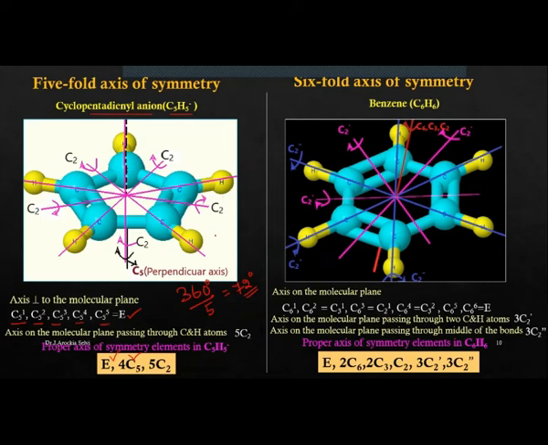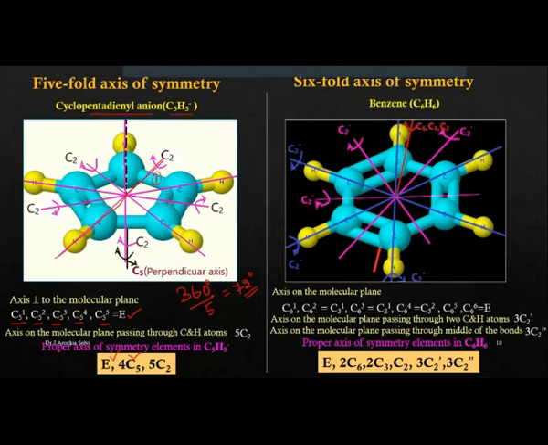Apart from the rotational axis being perpendicular to the molecular plane, you could also see rotational axes in the plane of the molecule. How in the plane of the molecule? It is passing through carbon and hydrogen, and it is bisecting the center of the opposite edge. How many such centers do you have?